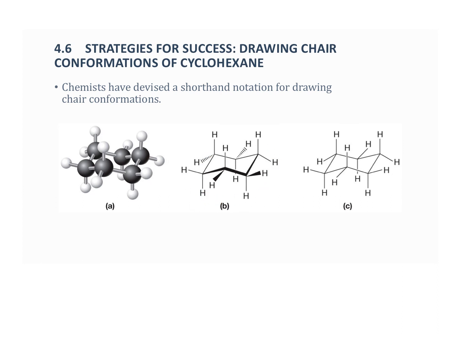And chemists tend to be lazy, and so we've devised a shorthand notation for drawing a chair conformation, shown in figure 4.23C here. I want you to notice something. The hydrogens are drawn in here. If you're doing cyclohexane, you must draw in the hydrogens, okay? You must draw that in.